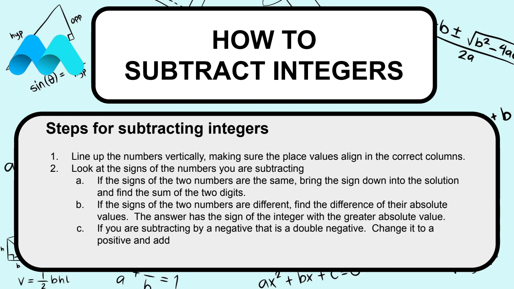Now, if the signs of the two numbers are different, you're going to find the difference of their absolute values, and the answer has the sign of the integer with the greater absolute value. This is actually how you learn to subtract. You just didn't realize that you were doing this. Okay, so think about if you had, let's say, 8 minus 4. 8's positive, and the 4 is actually negative.